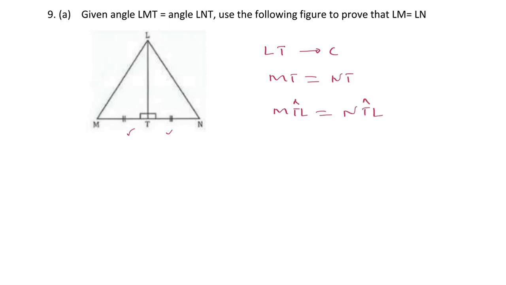So from these facts, we see that triangles LMT and LNT are congruent triangles by side angle side. Then LM equals LN by definition of congruent triangles.